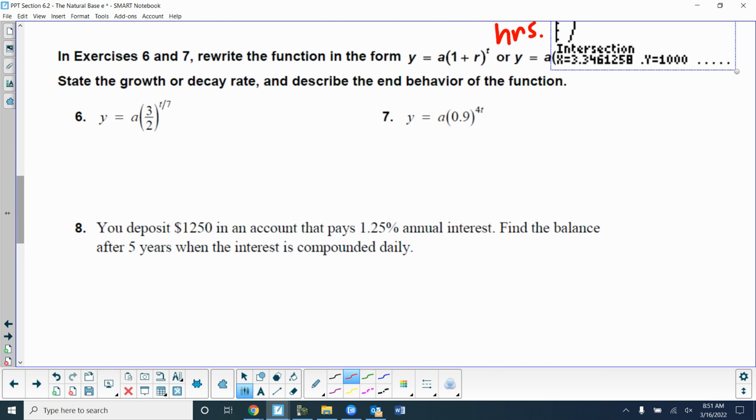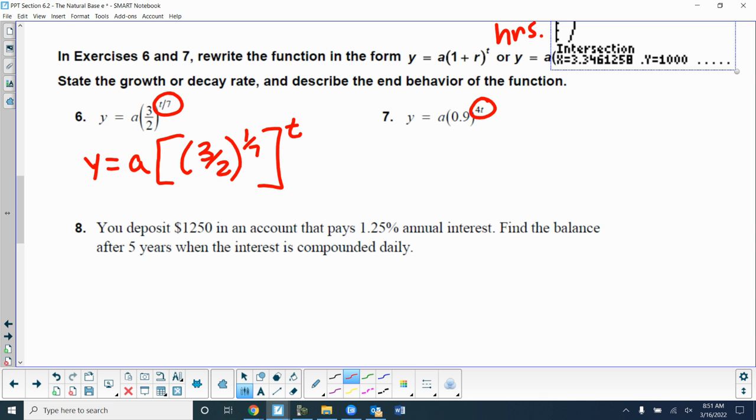All right. So 6 and 7, it says rewrite it in a(1 plus r) or a(1 minus r) to the t power. State the growth or decay rate and describe the end behavior of the function. So when you have this t over 7 or 4t, we're going to break those up. I'm going to rewrite this, first of all, as 3/2 to the 1/7 power, and then raised to the t.